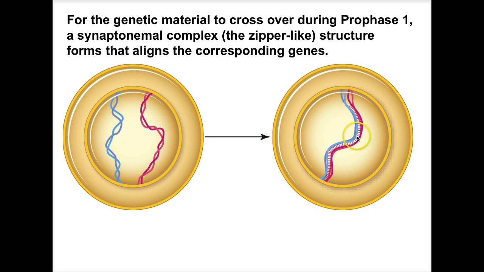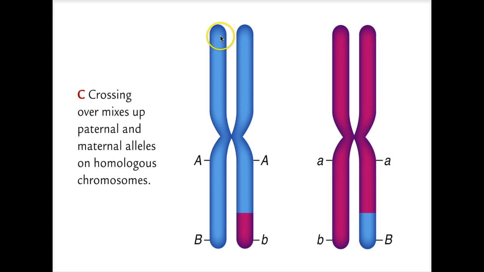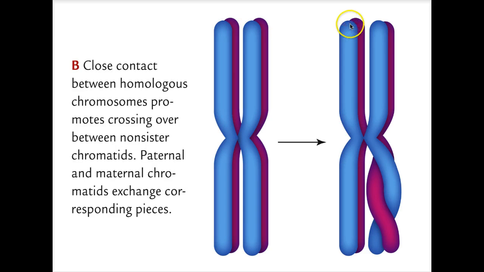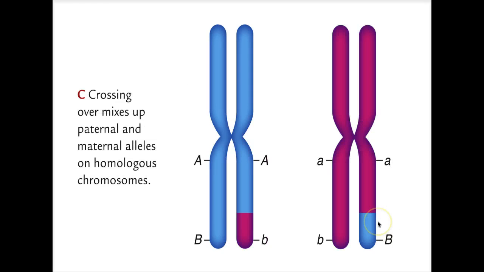And this protein latticework ensures that the paternal and maternal chromosomes align themselves so that when they swap genes, they are swapping intact genes. They're not splitting a gene in half, which would mean that we'd have too much genetic material on one and too little on another. That can happen, but it's not very common.